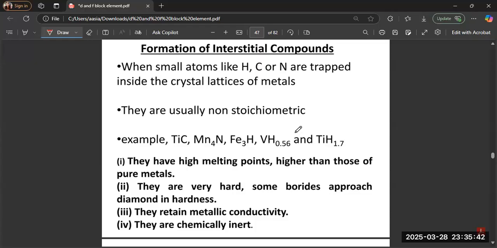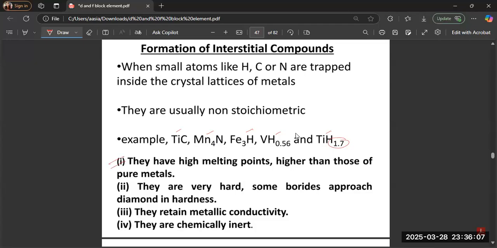For example, TiC, Mn4N, Fe3H, VH, TiH1.7. They have high melting points, higher than those of pure metals.